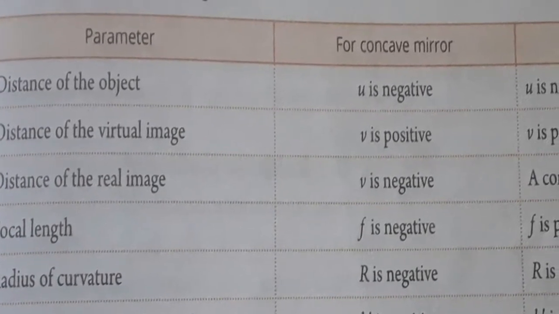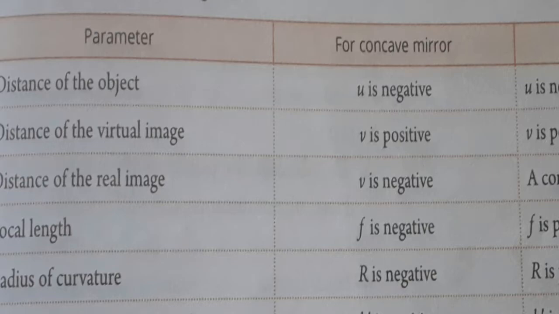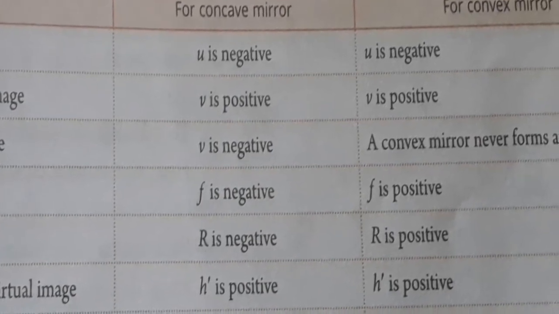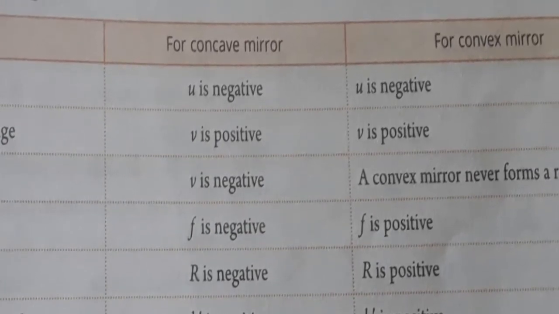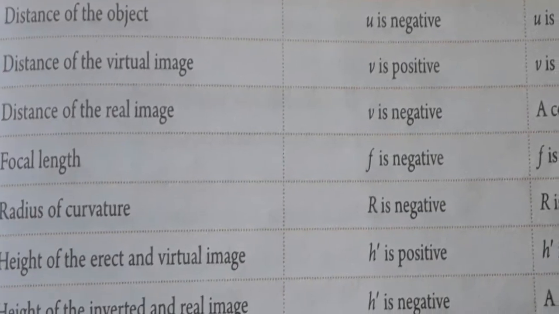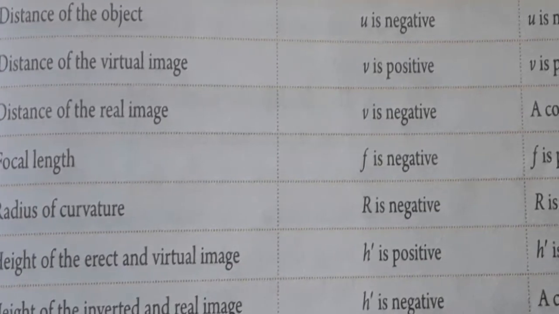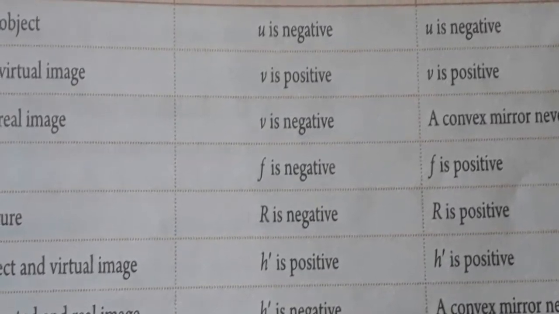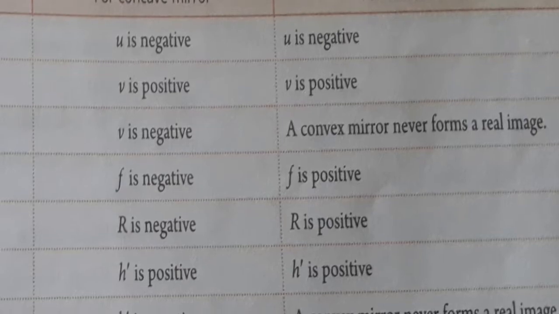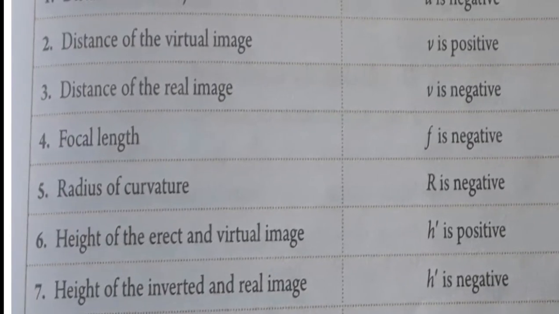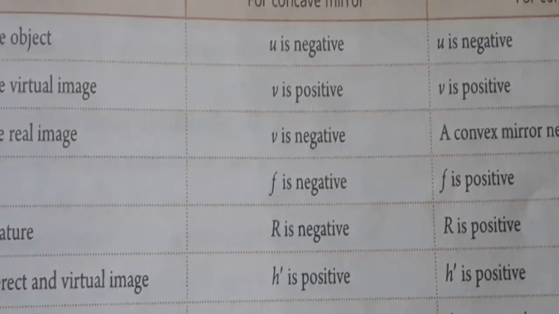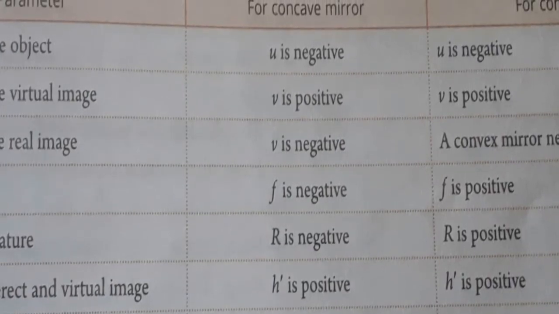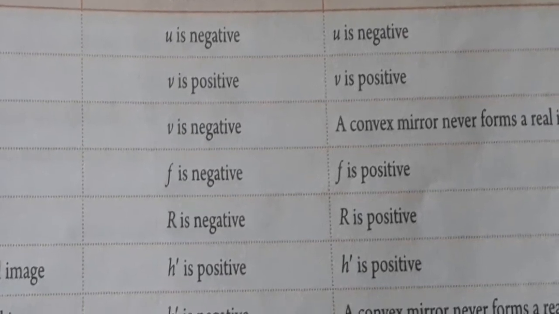It is always negative for both. The distance of a virtual image, v, is positive for both concave and convex mirrors. The distance of a real image, v, is negative for a concave mirror, and a convex mirror never forms a real image. The focal length, f, is negative for a concave mirror and positive for a convex mirror.